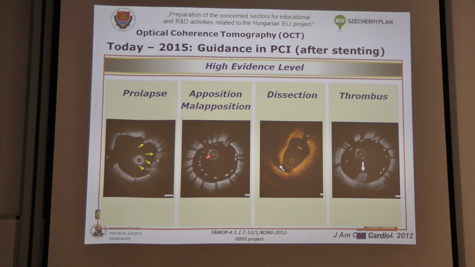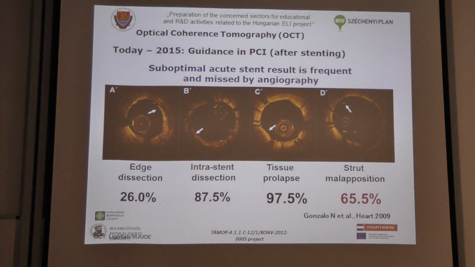So you can see that this is a very important issue. This is a small thrombus which remains in the artery wall. This is the plaque prolapse. So every kind of little detail can be revealed if you perform OCT right after stenting.